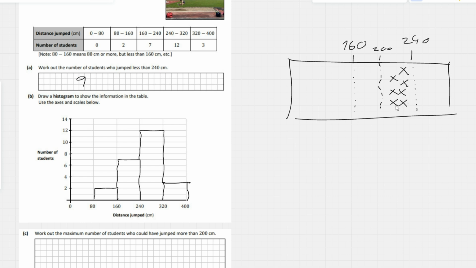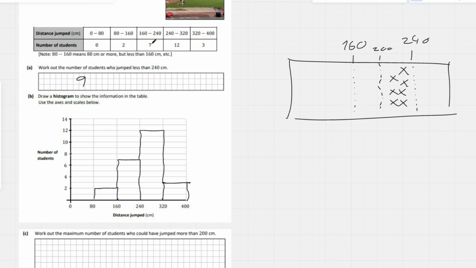So we put all of them to the right hand side. So we're counting all of the 7 as over 200 centimeters. If we're looking at the minimum, then we want to be really pessimistic and say none of them jumped over 200. But here, we don't know how far they jumped, but we're assuming, so that's how we're working out the maximum number of students who could have jumped more than 200.